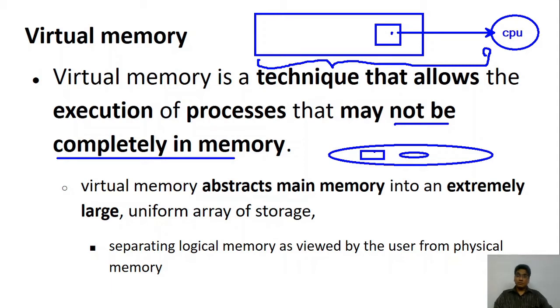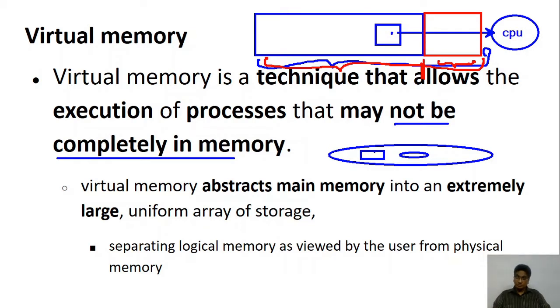If I don't have the RAM with me, I have to virtually create that much space. My program requires this much RAM, which is not there. I have the RAM only up to here. But what about the remaining RAM? The remaining RAM I am creating as virtual.